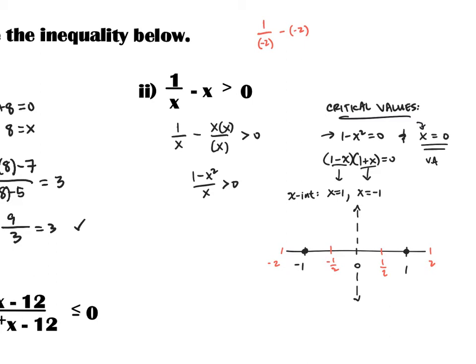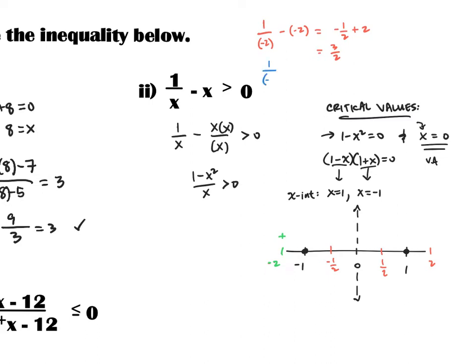Is that going to be greater than 0? Well, let's see what it equals. That's going to be negative 1/2 plus 2, which is 1.5, or 3/2. So if I tested negative 2, I get a positive output. Let's test negative 1/2.